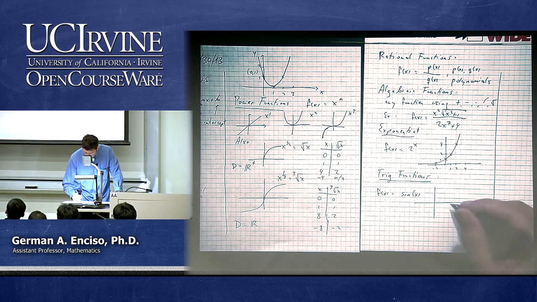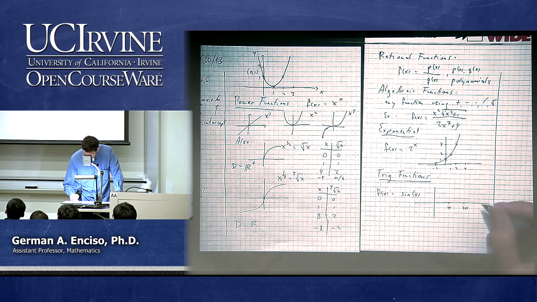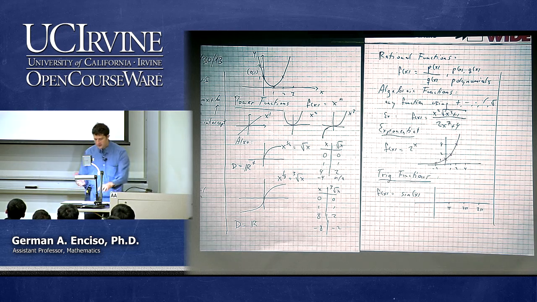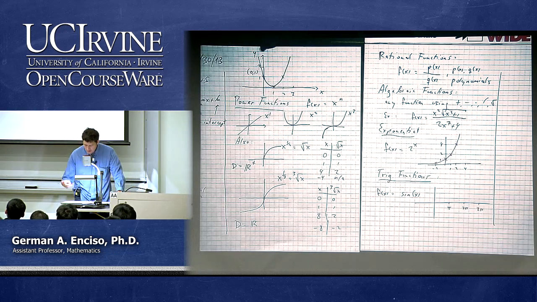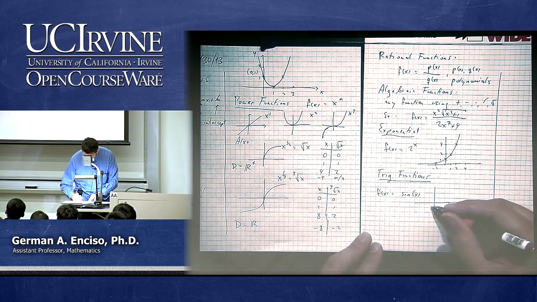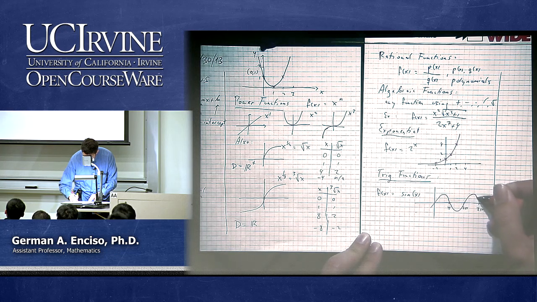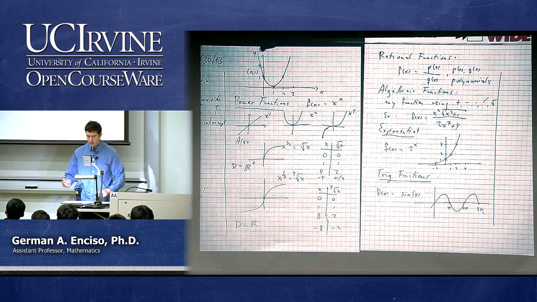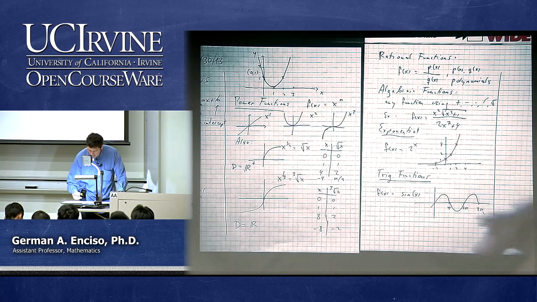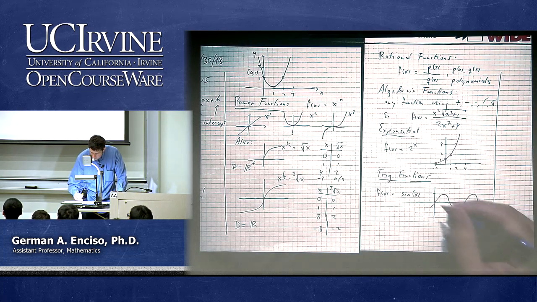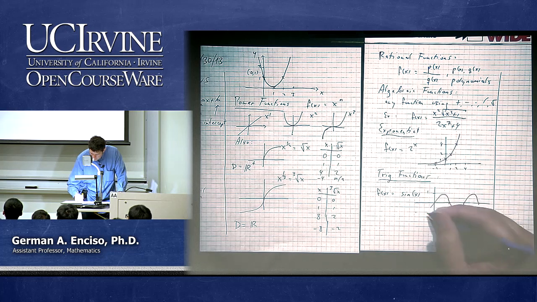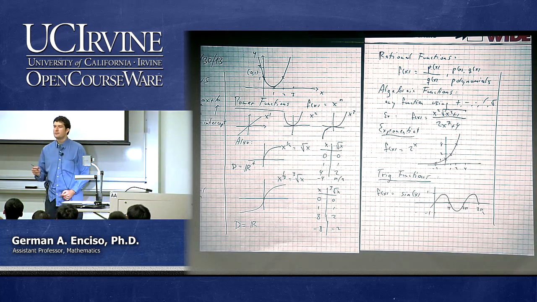Okay, so I'm going to draw here 0, pi, 2 pi, let's say 3 pi. And the sine function basically goes up and down through those points like this, right? Okay, what about these 2 points here? This is what and what? 1 and -1, that's right.